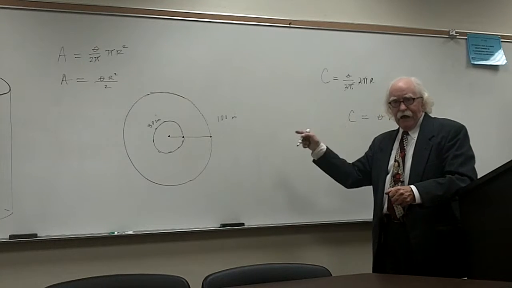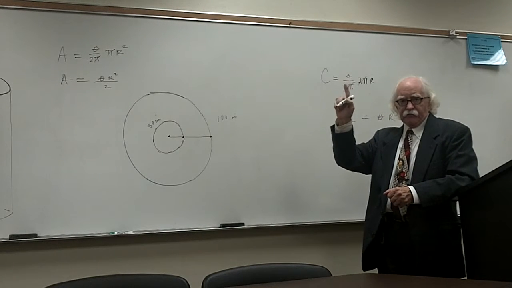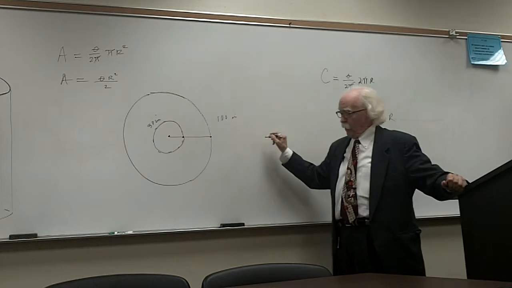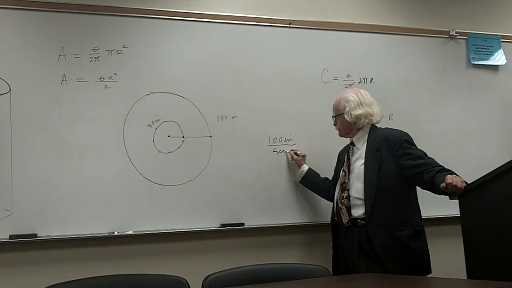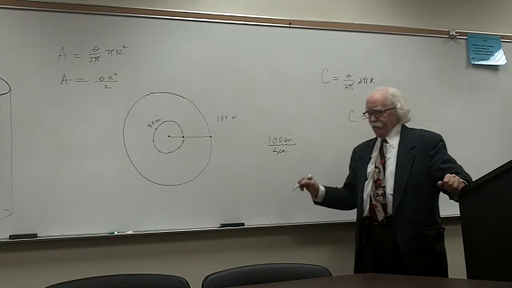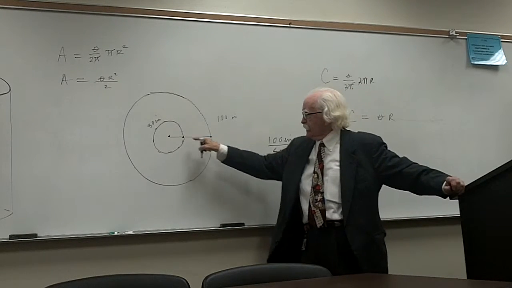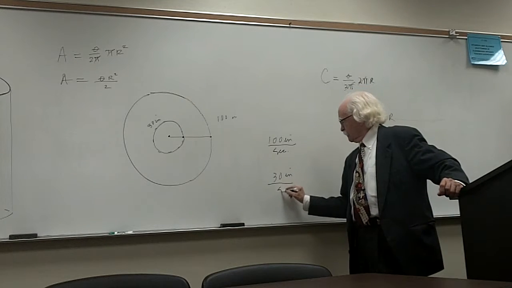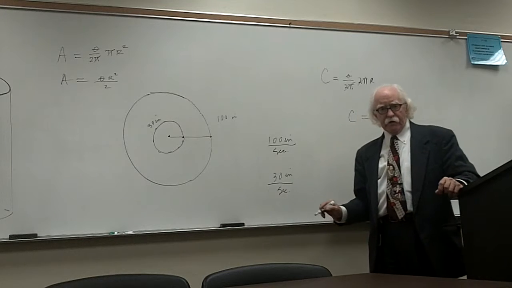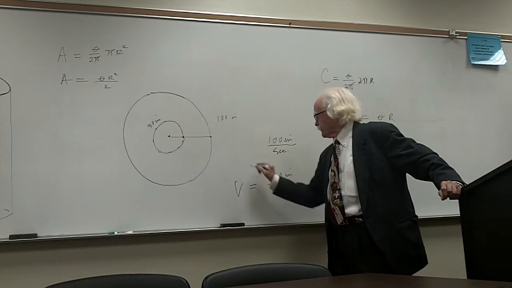Now, if I spun that wheel one time around in a second, this ladybug on the end is going 100 inches per second. The ladybug sitting right here is going a total of 30 inches per second. Period, and that is called linear velocity.